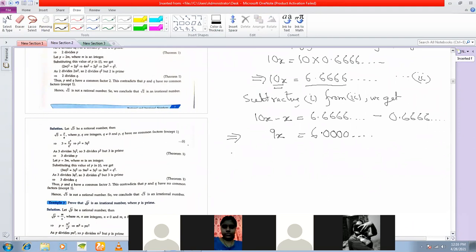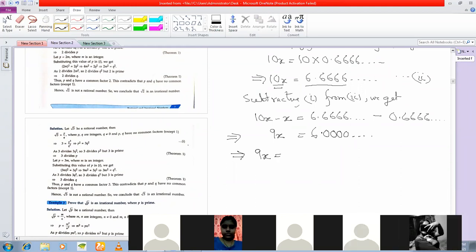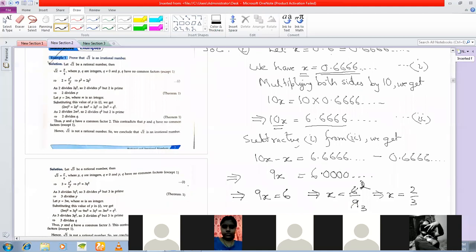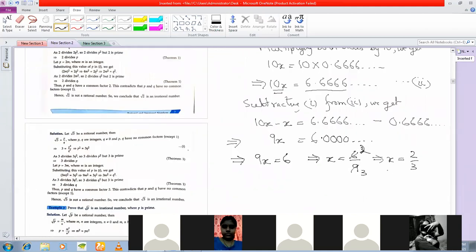Yes, any question? No, sir. So 9x must be equal to 6. That means x must be equal to 6 by 9. You can cancel this with 3, so x is equal to 2 by 3. We had started with x equal to 0.666, and we are getting x equal to 2 by 3.